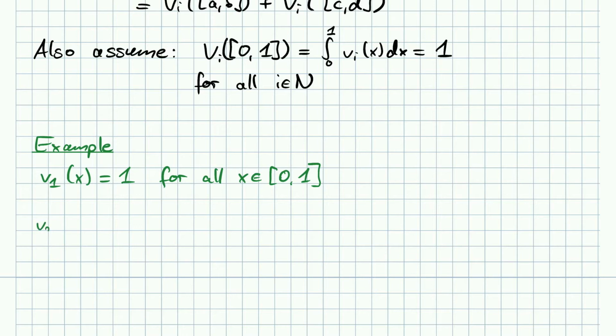Or we might have somebody who says, I definitely prefer the first half, because there my density is maybe 3 halves. And in the second half, the density is only 1 half.